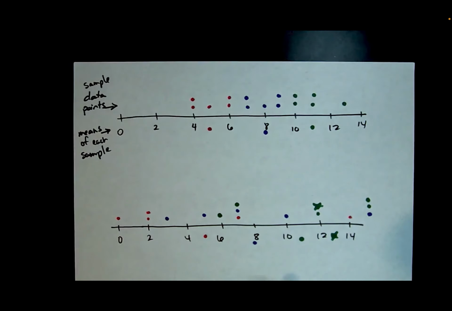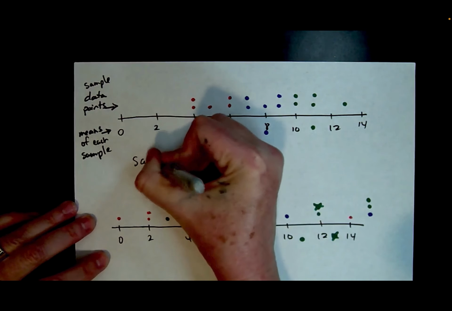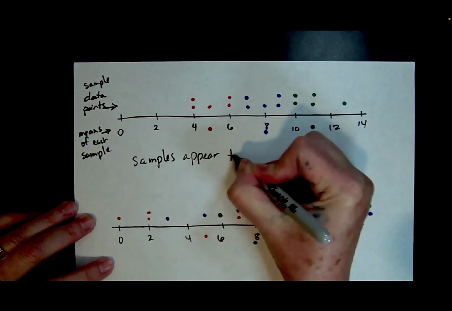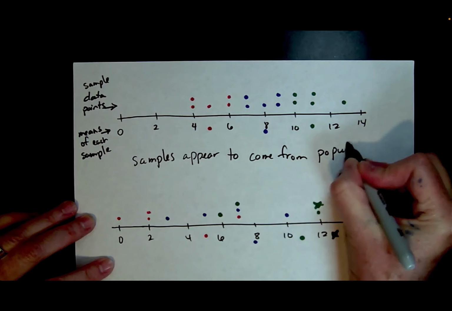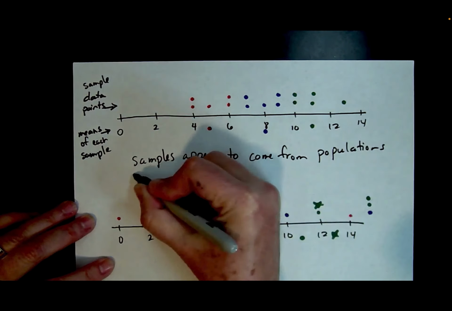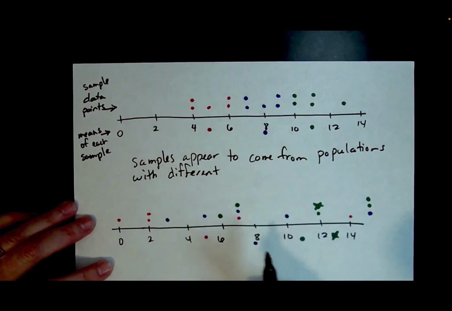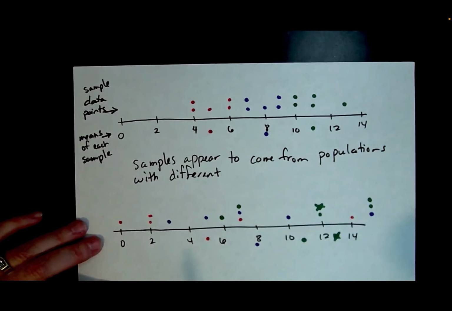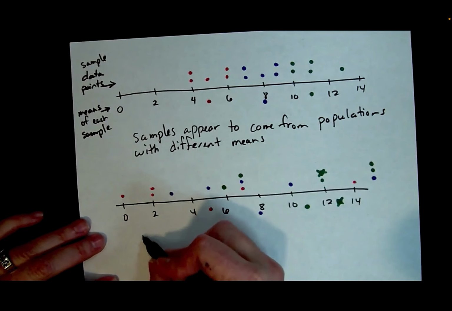And the point I want us to come away with here is that in this first data set, the samples do appear to come from populations with different means. You can't tell for sure, but just looking at it, it looks like you've got 3 very different populations that would have different means. On this one, it's really hard to tell.